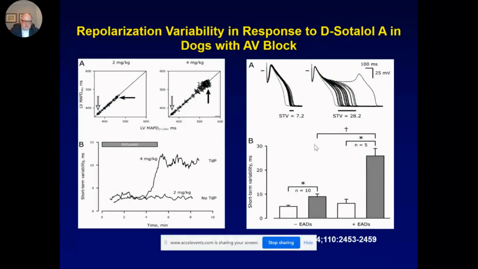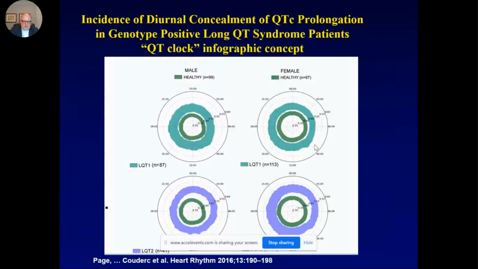And on the left, we have some instability leading to torsades de pointes in those dogs which were tested in this particular study. So there is some experimental evidence that beat-to-beat variation of repolarization is proarrhythmic and could eventually lead to sudden death.